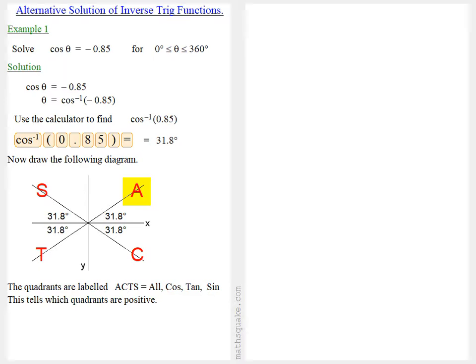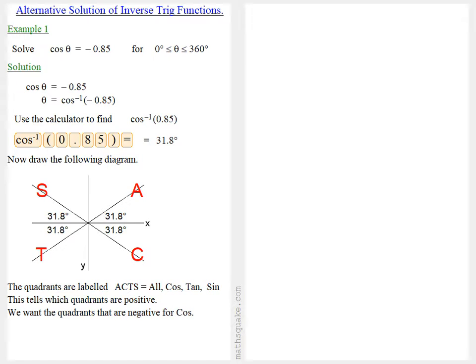So sine, cosine and tangent are all positive in the first quadrant. Going around, the quadrant labelled C is positive for cosine only. Quadrant T is positive for tangent only, and the quadrant S is positive for sine only.